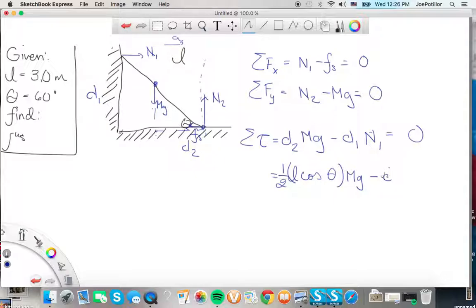So it's going to be full length times sine of theta times normal 1. Okay? Everybody with me so far? And this all equals 0.